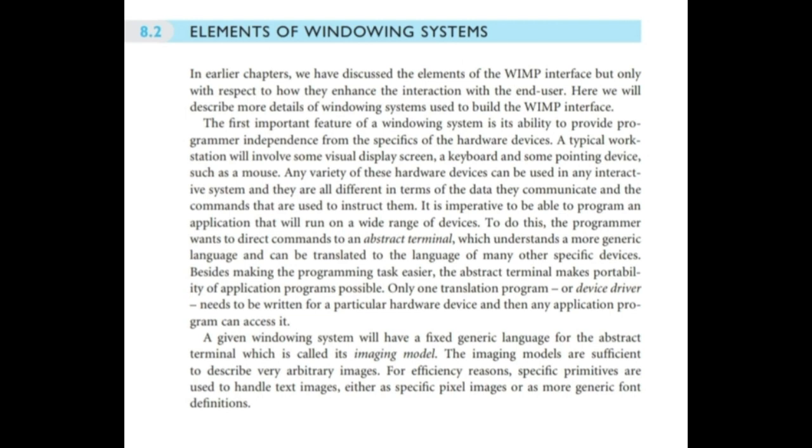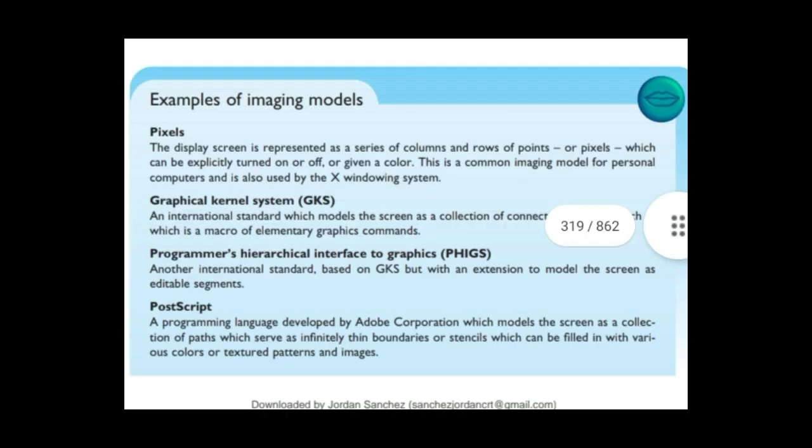A given windowing system will have a fixed generic language for the abstract terminal, which is called its imaging model. The imaging models are sufficient to describe very arbitrary images. For efficiency reasons, specific primitives are used to handle text images either as a specific pixel image or as more generic font definitions. Examples of imaging models: pixels.